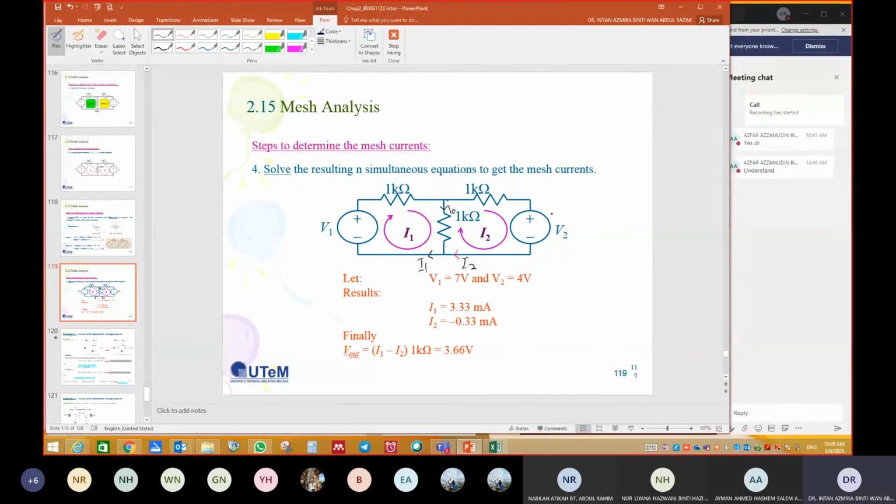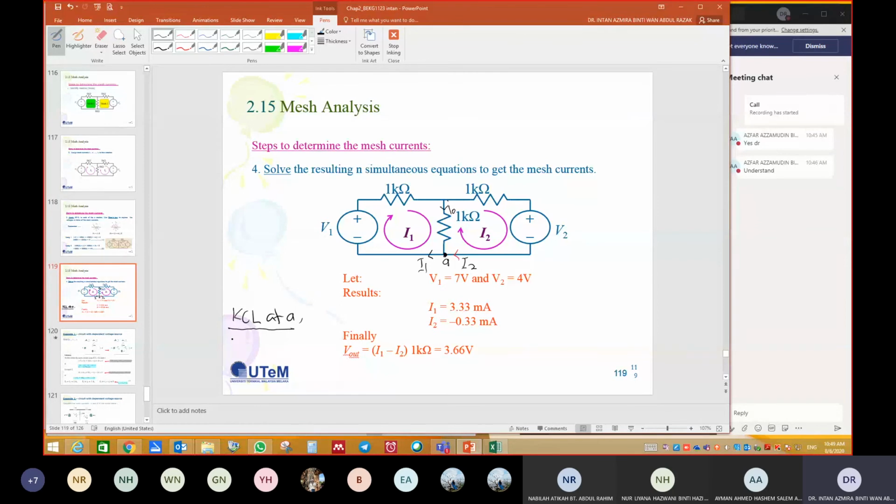So if we apply KCL at node, let's say this is node A, KCL at A.